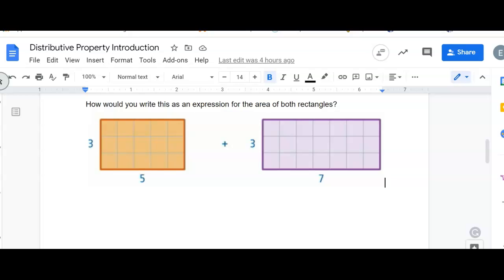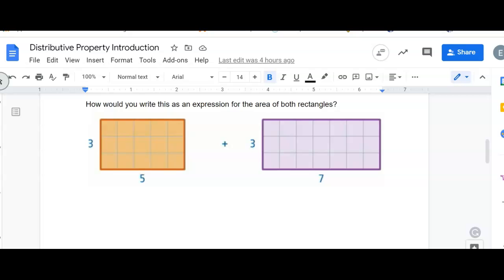What do you think you need to do? All right, here we go. How can we solve this picture here? If we combine them, that's what we're solving for, the area of the rectangle, but they're split apart. How can we write the numerical expression for this?